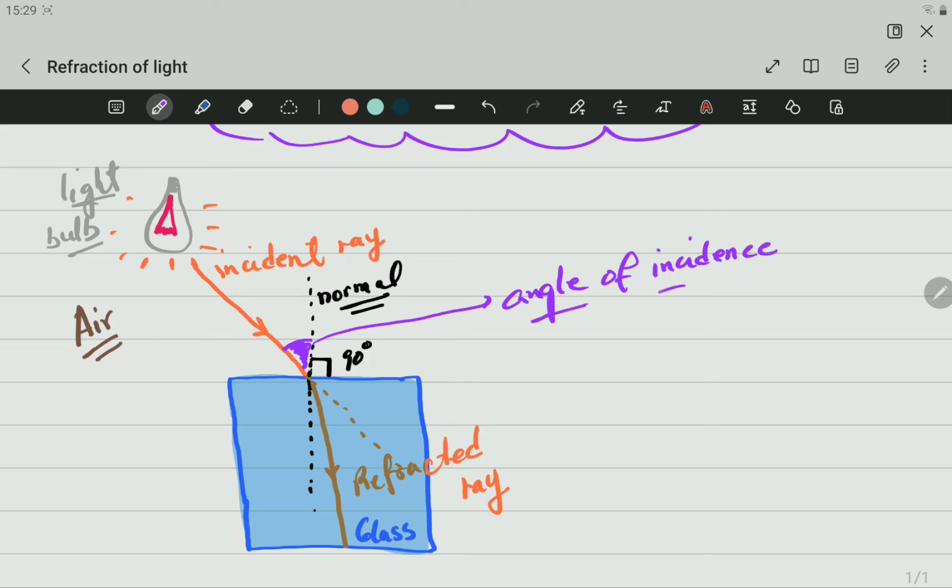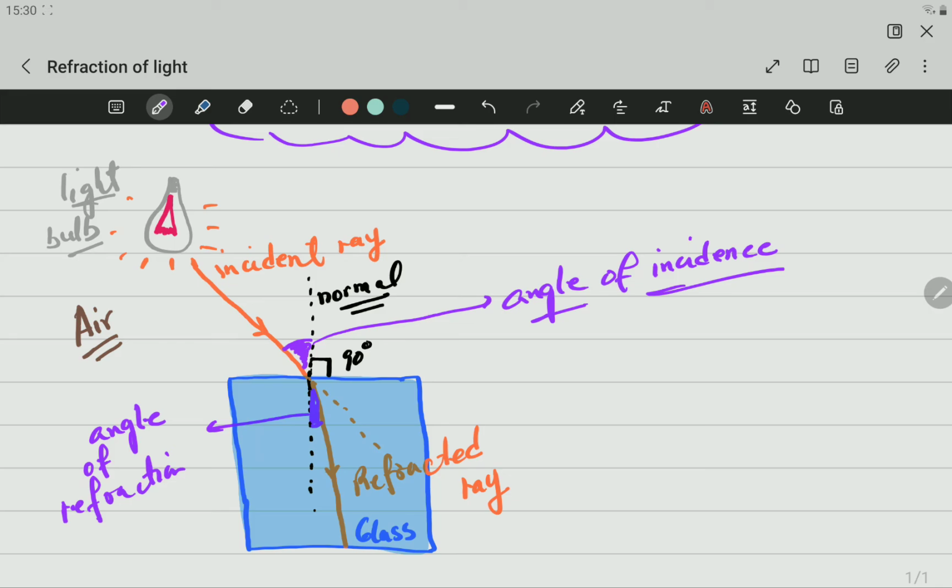That is the angle of incidence, and this angle between the normal and the refracted ray is going to be called the angle of refraction.